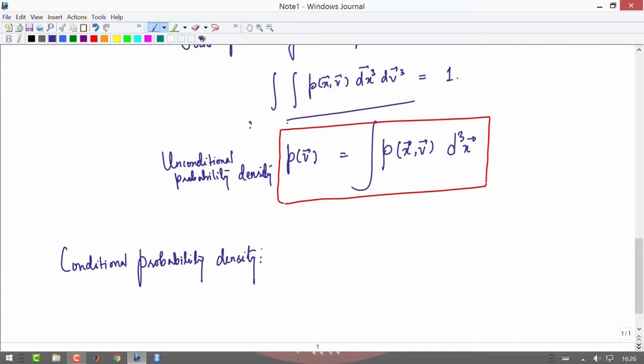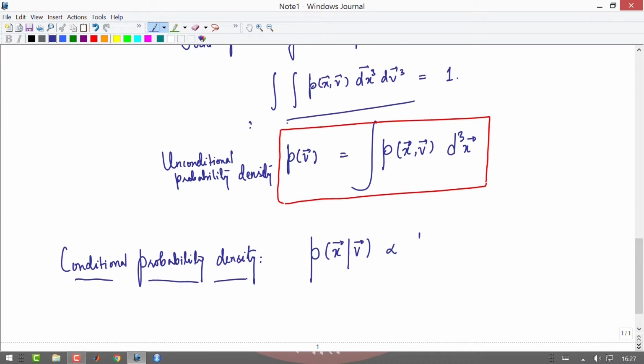Here you are not saying that you don't care about the remaining subset of the random variables. If you want information on x, you are also fixing the information on v, and vice versa. So this is like asking what is the probability density of finding a measurement on x such that the measurement on velocity is v. This is called the conditional probability density.